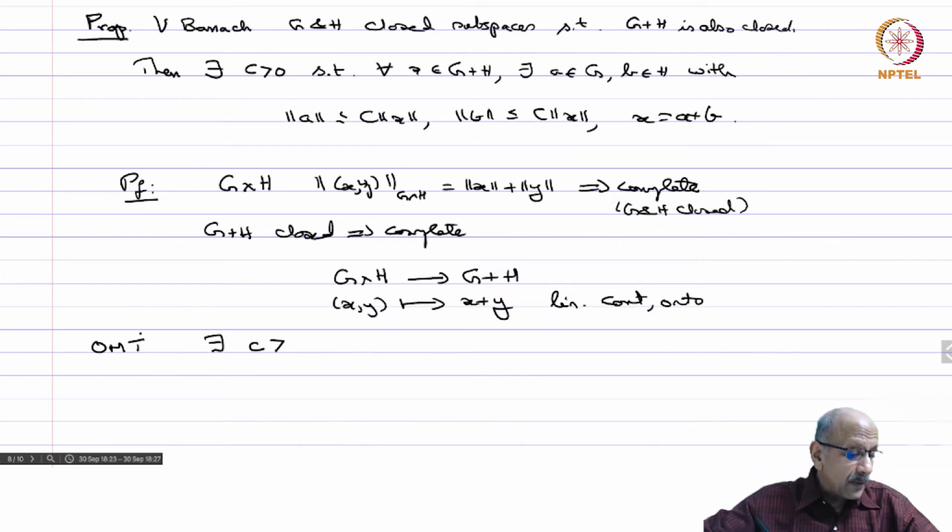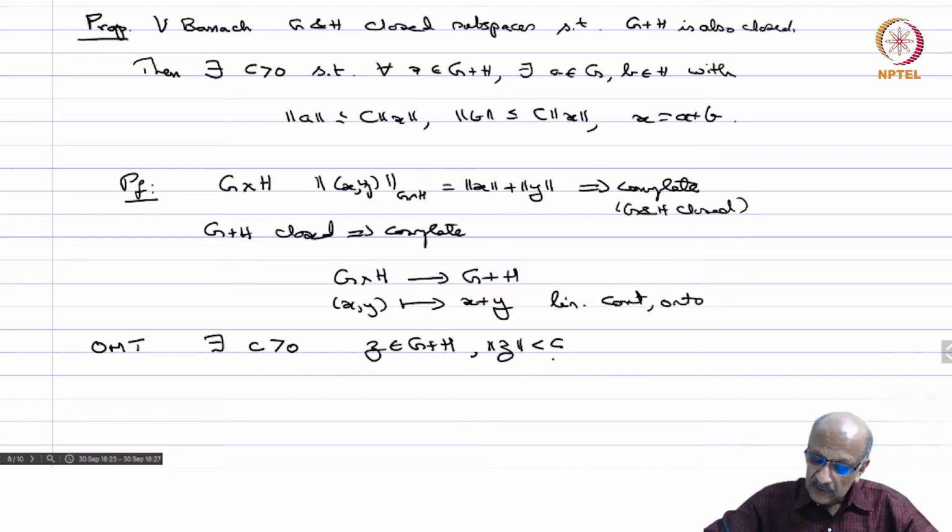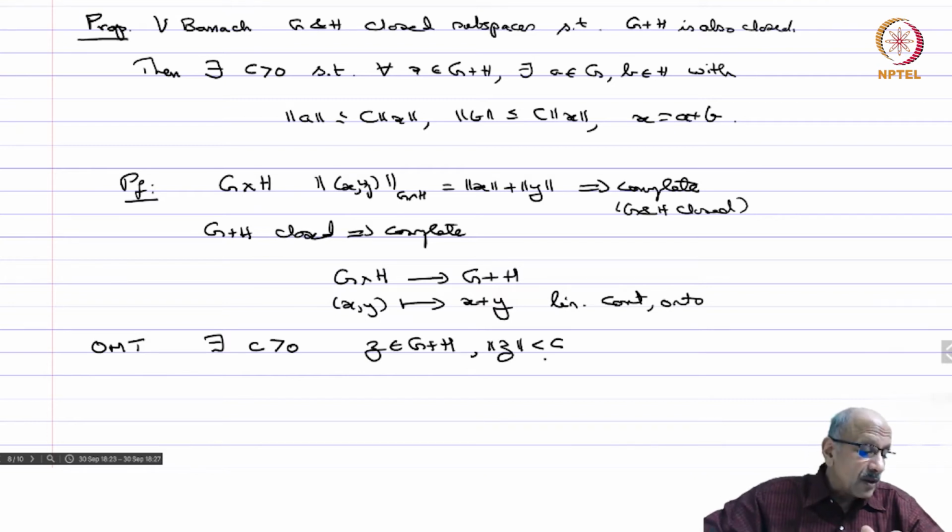There exists a C positive such that for Z in G plus H, norm Z less than C, that means it belongs to B0 C in G plus H, then that must belong to the image of the unit ball.